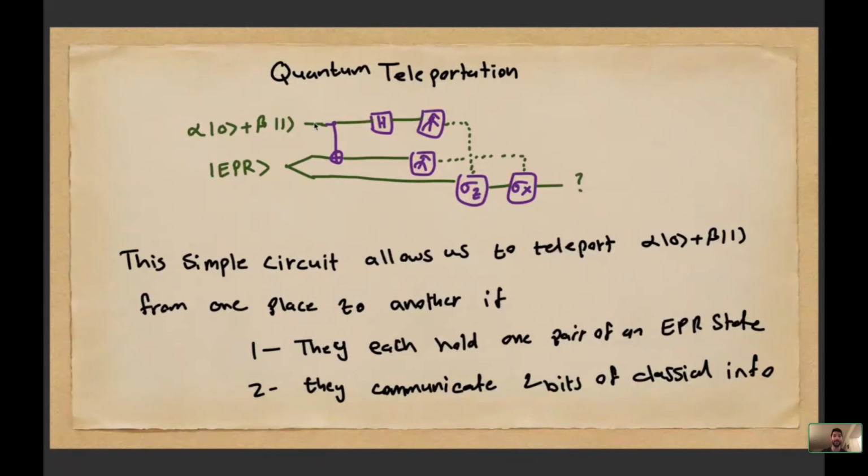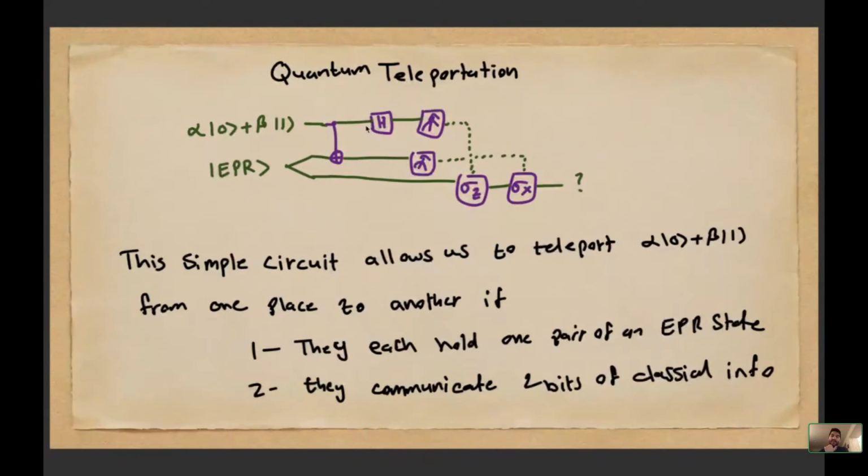The first qubit can be any qubit, and the next 2 qubits are going to be the EPR state, as we saw before. It applies 2 gates, that's it: the CNOT in reverse direction, where the control qubit is this one, and the outcome qubit, the one that is flipped, is the top one. So it's controlling from the bottom one and flipping the top one.